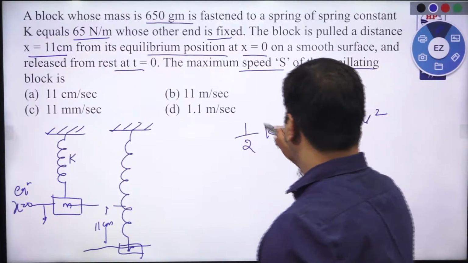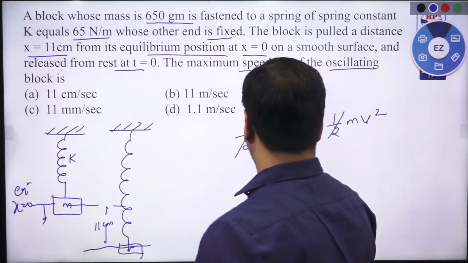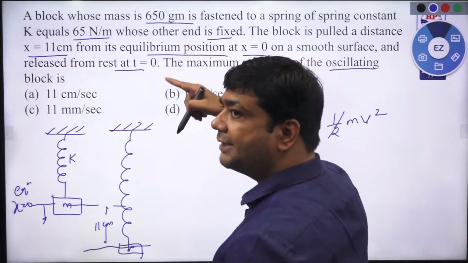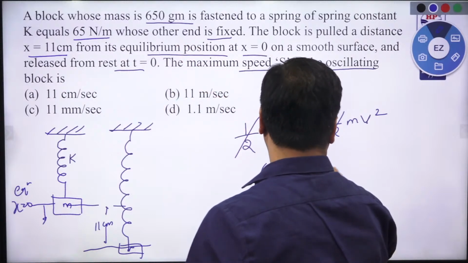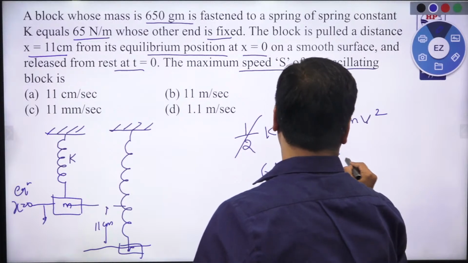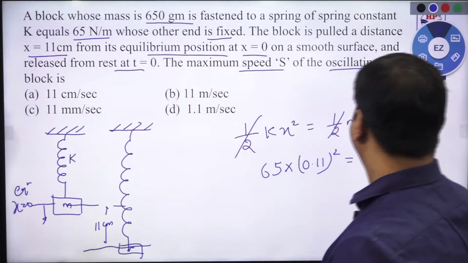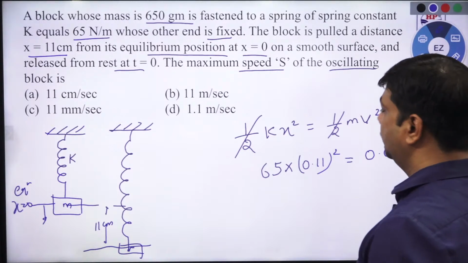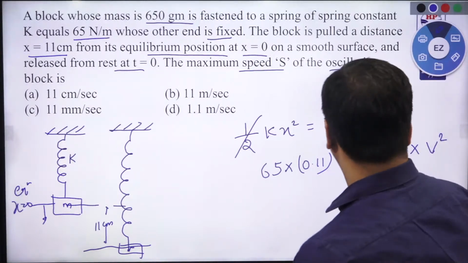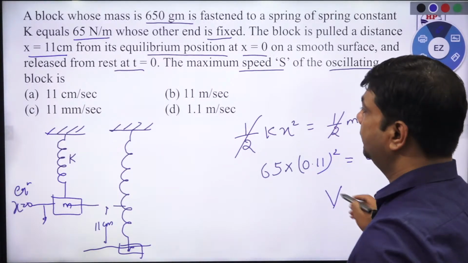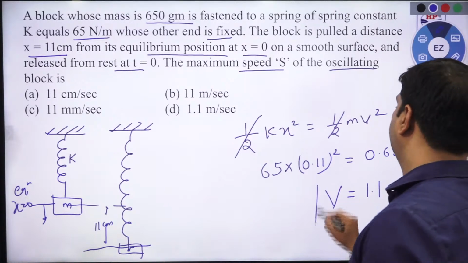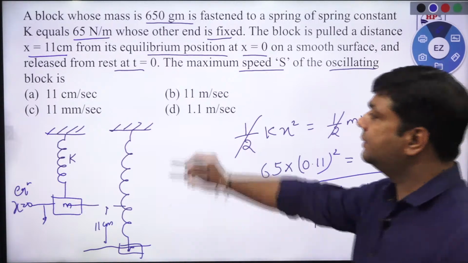So this half is going to cancel. k equals 65 Newton per meter, x is 11 centimeter, so it is 0.11 square, equals mass 650 grams, that is 0.650 into velocity square. If I solve this, the velocity came to be 1.1 meter per second. So the answer is D.